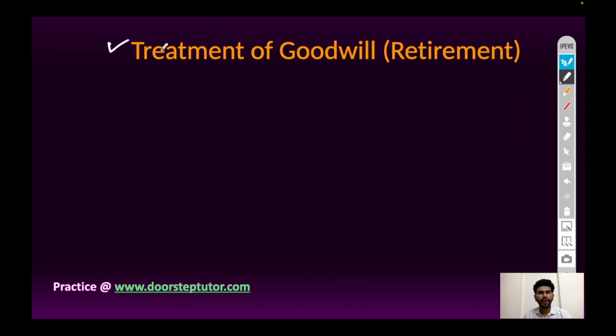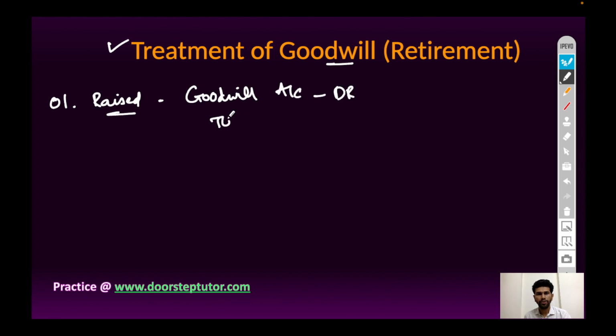Next, treatment of goodwill in case of retirement. There are two cases. If goodwill is raised, then the journal entry will be goodwill account debit to old partners' capital accounts, and the amount will be distributed in old ratio.